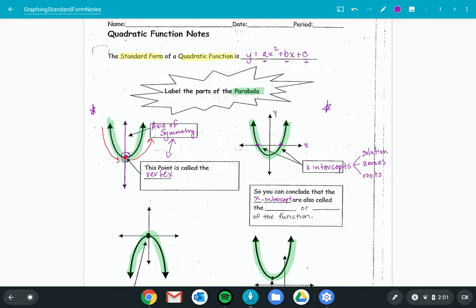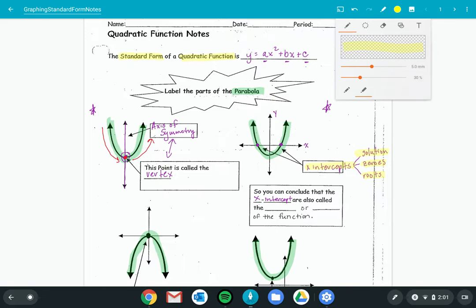Now, these are 4 different words, but what you have to remember is that they all mean the same thing. It's just a different vocab term for each. So this is one thing that you really have to make sure that you're on top of and remembering those relationships. Because I could ask you, what's the x-intercept of this graph? And on the flip side, ask you, what's the zero of this graph? And hopefully you answer the exact same number. Because all I'm doing is checking, do you know the vocab?